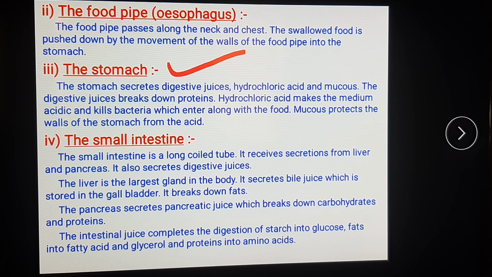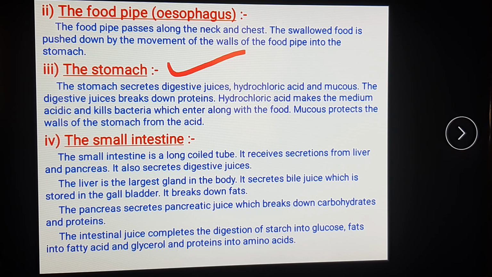Here the liver is the largest gland, which secretes bile juice, and the pancreas is also a gland which secretes pancreatic juice. So these two types of juices are received by the small intestine, and the small intestine again secretes one digestive juice of its own.